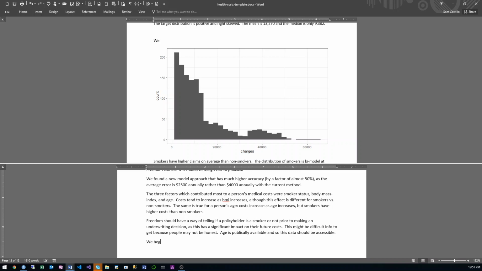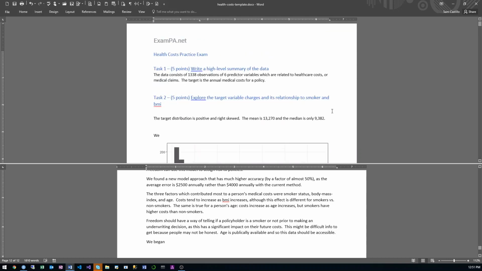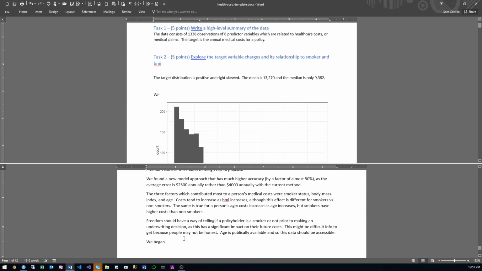Now I'll go back and start narrating each of the tasks. We began with an exploratory analysis of the data.